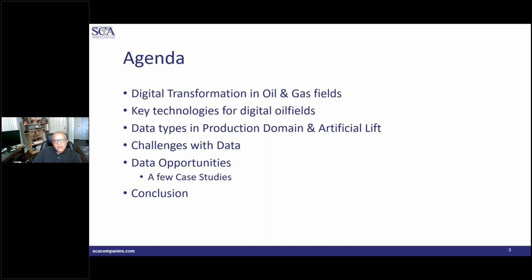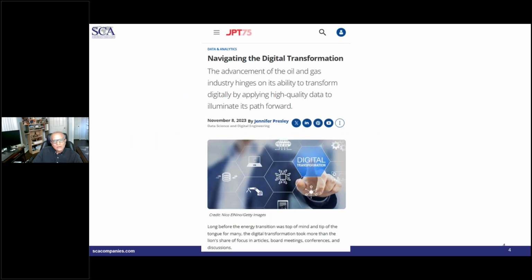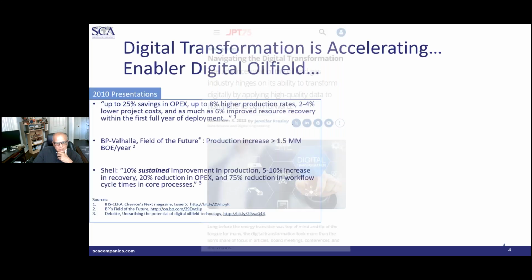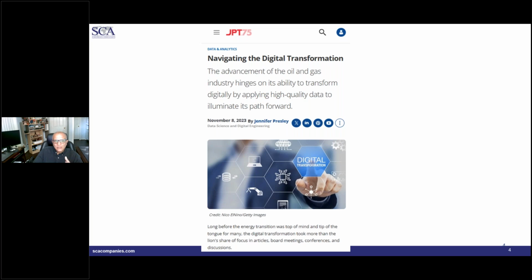And in that context, I'm saying that the production data also needs TLC, tender loving care, in case you didn't know that acronym. When you open up any JPT issue or other trade magazine, you'll come across this digital transformation theme being repeated, where people are saying how we'll use digital transformation to transform our business.